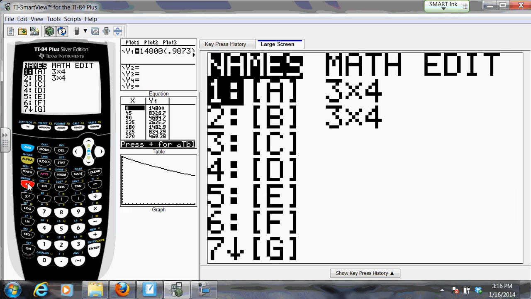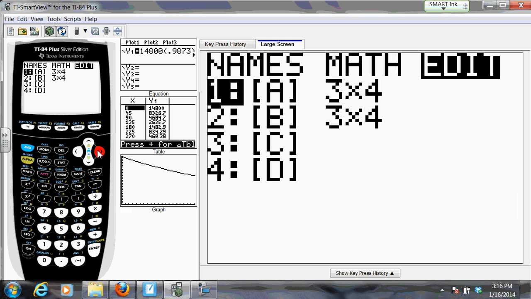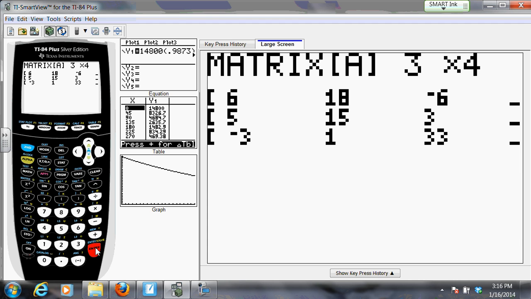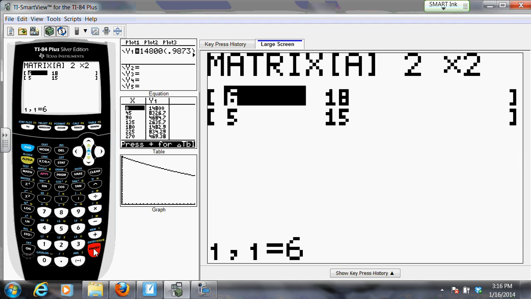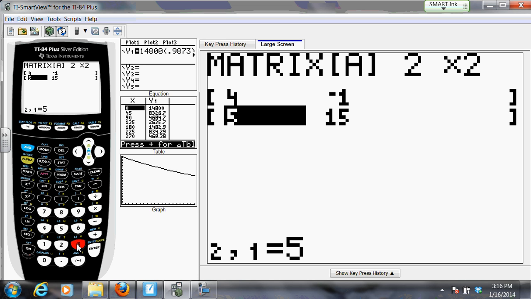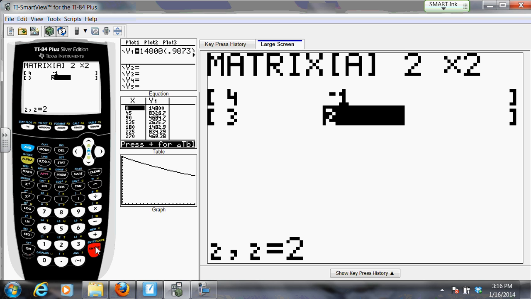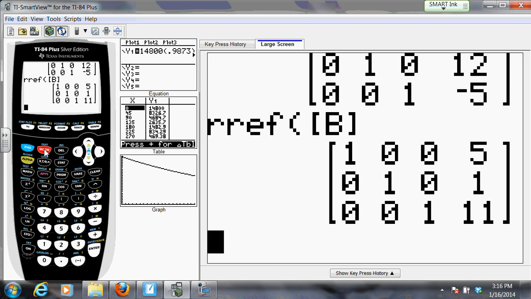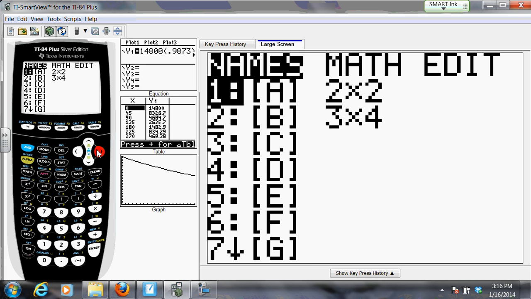So second matrix, you want to go over to edit. I'm going to edit matrix A. It's a 2 by 2. I'm going to just type right over my old numbers. 4, -1, 3, 2. I'm going to get out of there, go back into matrix, go over to edit.